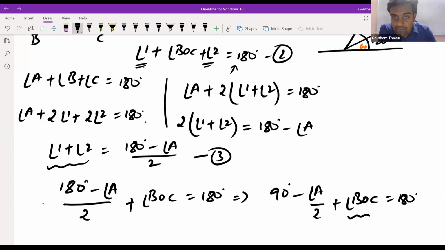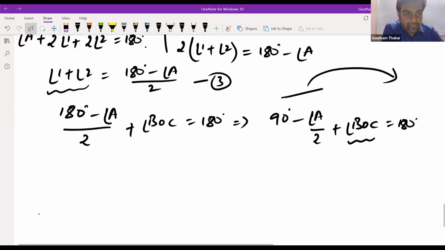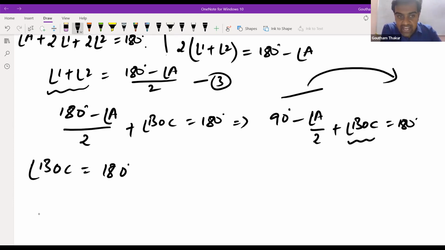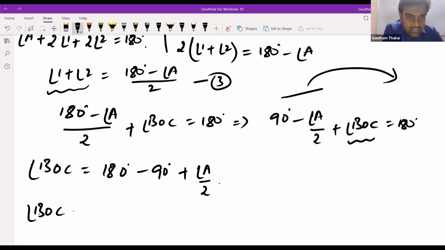I want to know the value of BOC, so shift the entire part to the other side. That becomes angle BOC is equal to 180 degrees, plus 90 will become minus 90, and minus angle A by 2 will become plus angle A by 2. That is angle BOC is equal to 90 degrees plus angle A by 2.